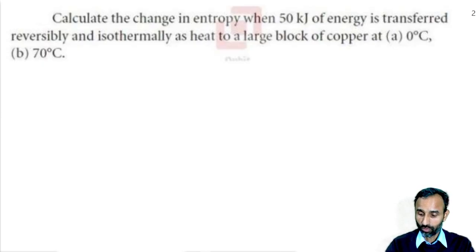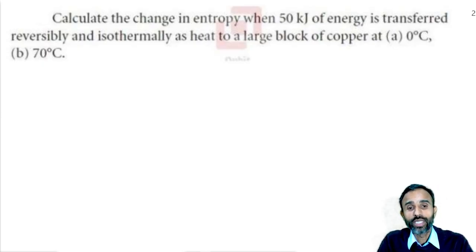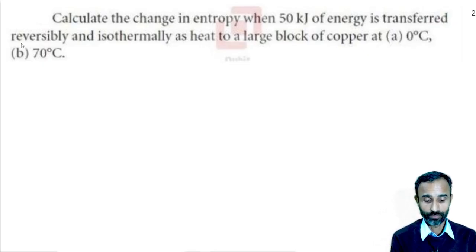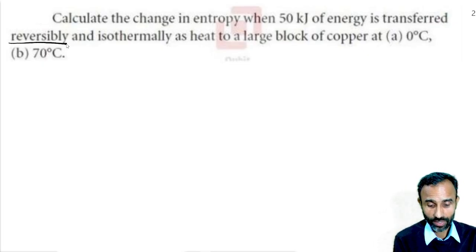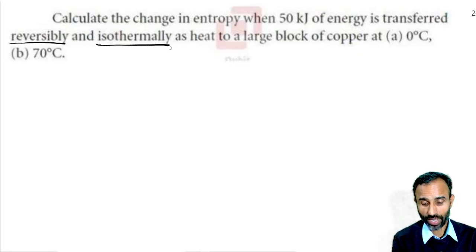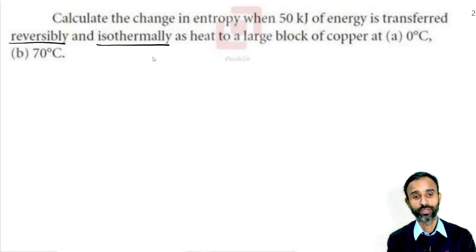So now come to the question. Calculate the change in entropy when 50 kilojoule of heat is transferred reversibly and isothermally. That means it is isothermal and reversible, as heat to a large block of copper at 0 degree Celsius and 70 degree Celsius.